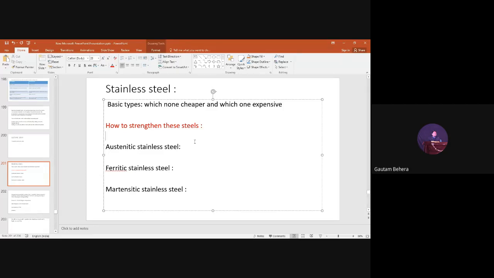And the interesting point is aluminium. Aluminium is FCC, but it stabilizes ferrite. I don't know the exact reason behind that, but still, you have to remember. This question may be asked: is aluminium a ferritic stabilizer or austenitic stabilizer? The answer is it is a ferritic stabilizer, even if the crystal structure of aluminium is FCC, right?